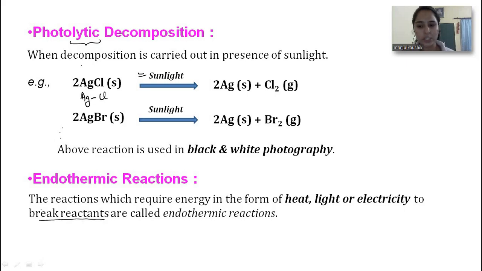When we need to break the bond between the reactants, we require energy. And energy is provided in the form of heat, light or electricity. So thermal, electrolytic or photolytic decompositions are all examples of endothermic reactions, because in these reactions we require energy to break the bonds of the reactants. Okay, students?